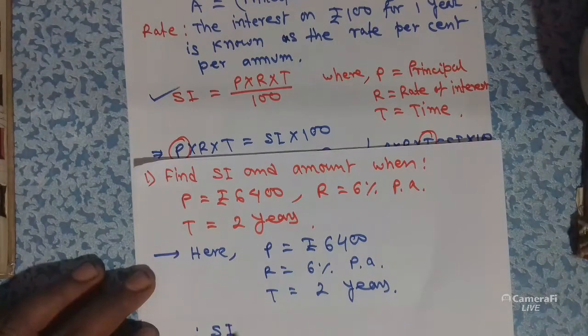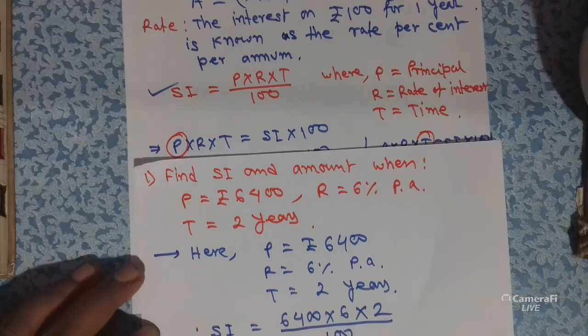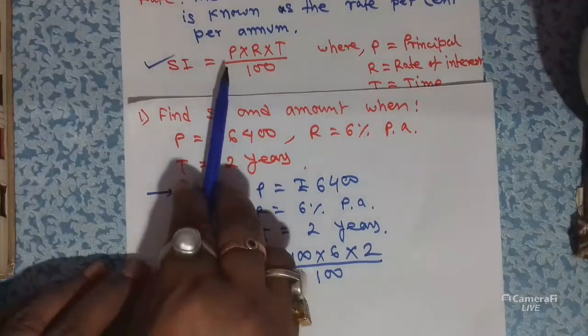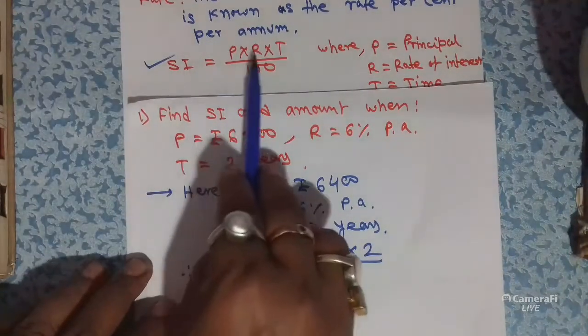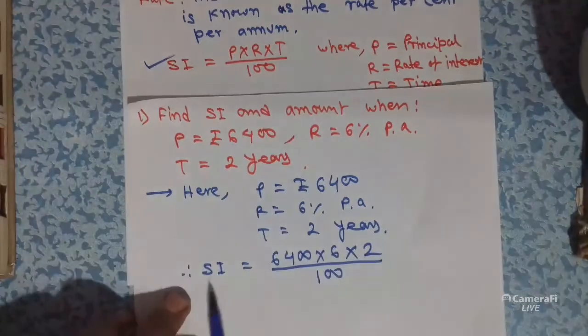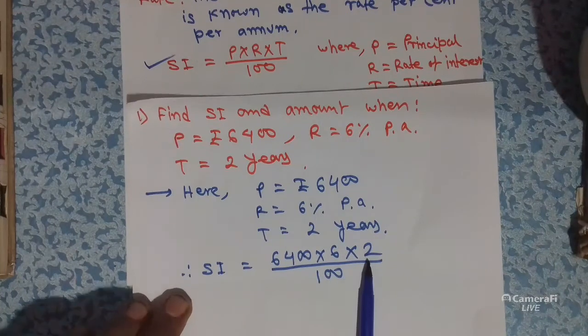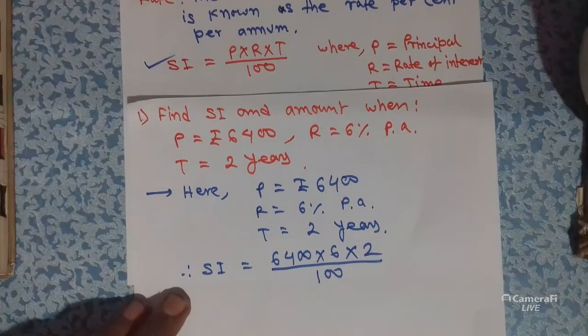Therefore simple interest is equal to PRT by 100, that is 6,400 times 6% times 2 years by 100. Now calculate it.